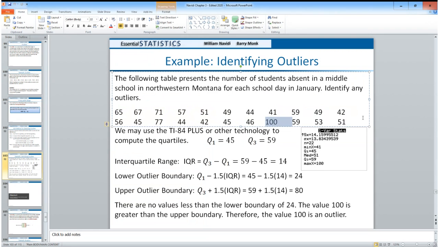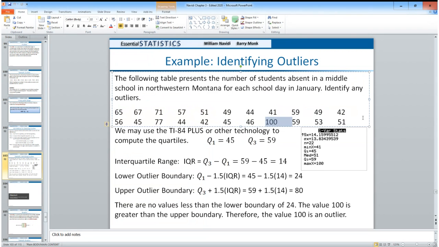Now, that does not mean it's not a valid piece of data. It's just that for this book, you're treating it as an outlier. So if they tell you to take it out and do calculations without the outlier, then you want to do that. But 100 could be a viable value. It doesn't look like they meant to type in 10 because most of the values are in the 50s and 60s and 70s.